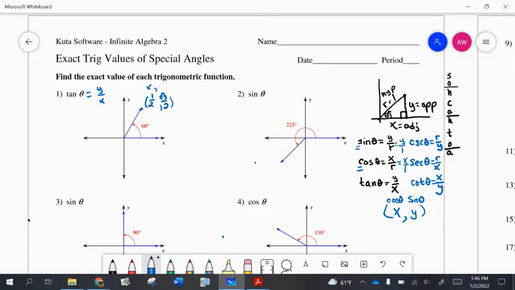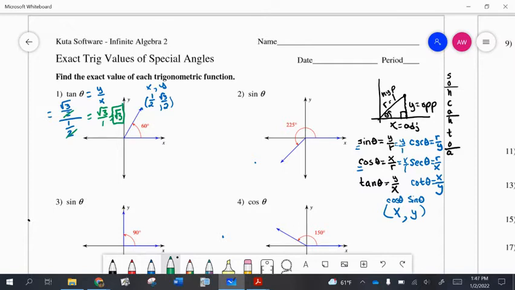So my tangent is the y coordinate, √3/2, over the x coordinate, 1/2. When our denominators are the same, we can cancel those. So it becomes √3/1. If my denominator is 1, I don't have to write it. So the tangent of 60 degrees is square root of 3.